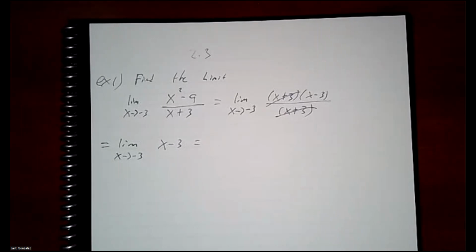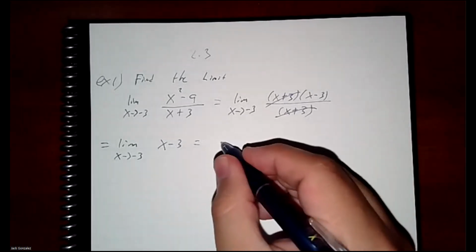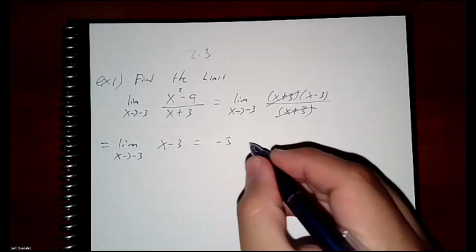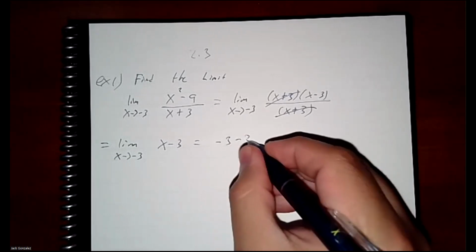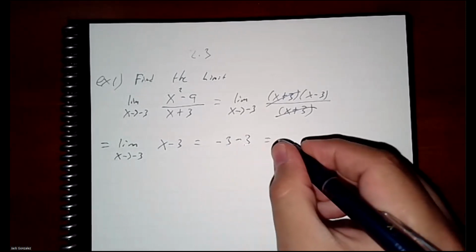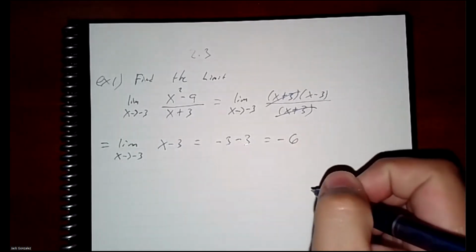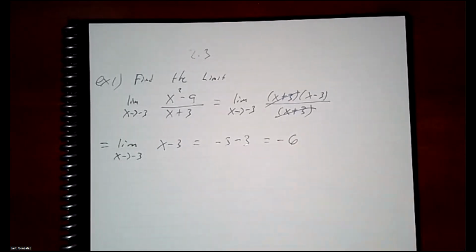Now notice at this point, you can just plug it in, right? Without having problems. Once you plug it in, that means you're taking the limit. You no longer have to write the limit symbol. And that's it.